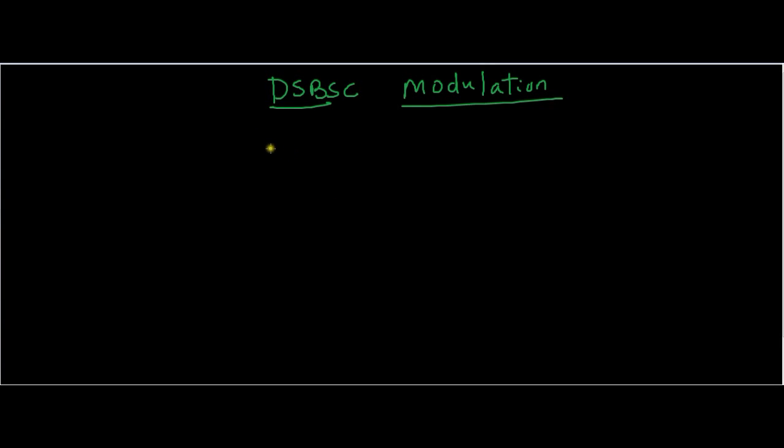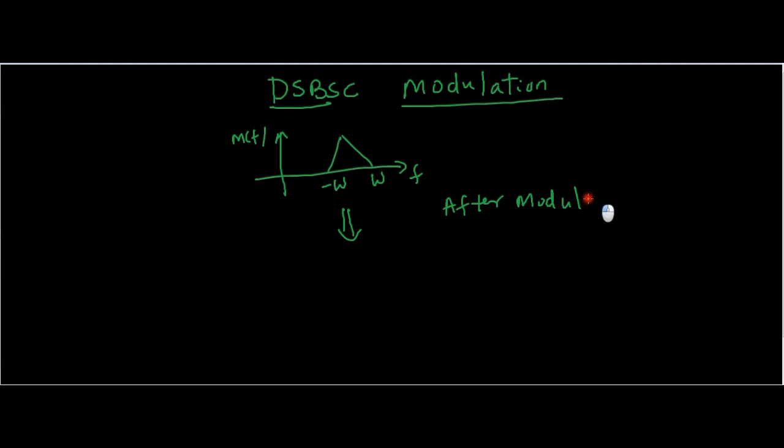In DSBSC modulation, m of t, that is our message signal, will look something like this, and this is f. After modulation, the frequency plot will look something like this.